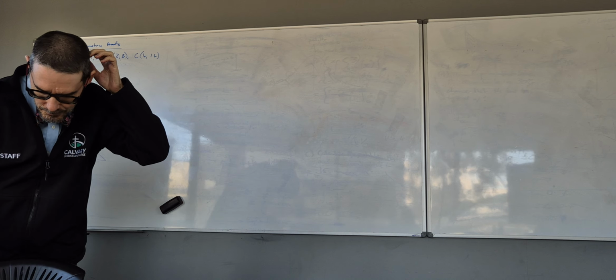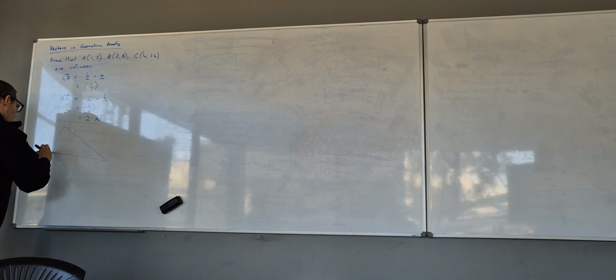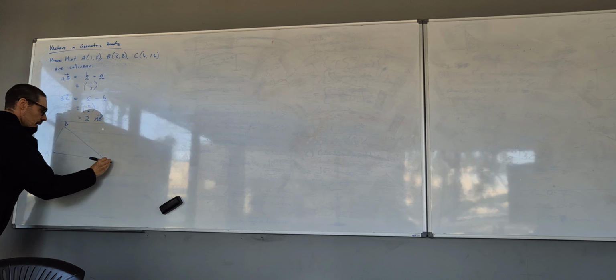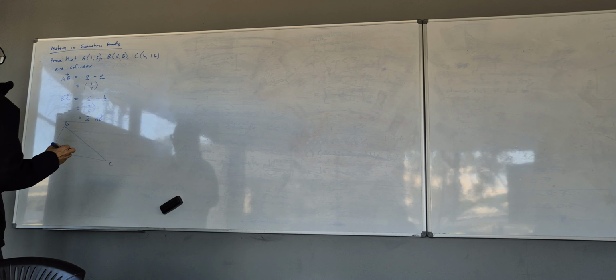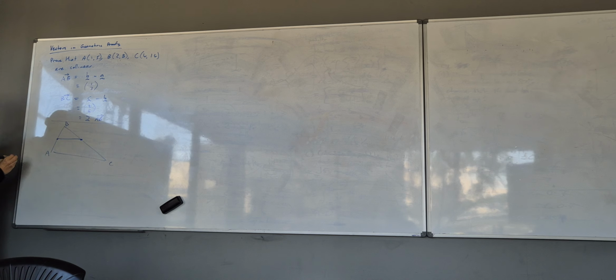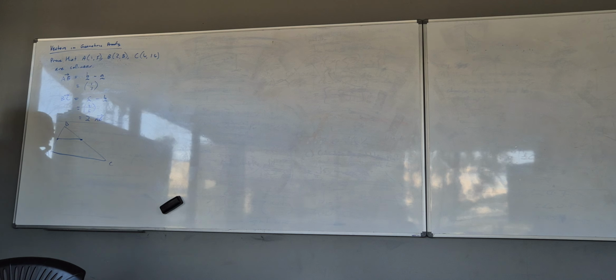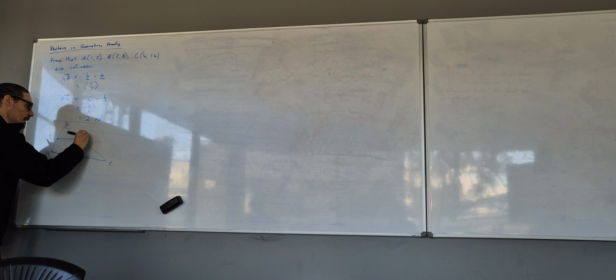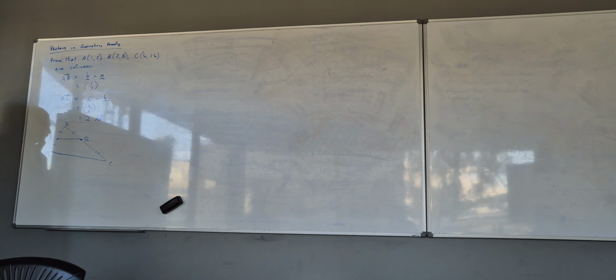So I'm going to go A, B, C. Which way are they going? Okay, A, B, C. And I'm going to get the midpoints of these two sides. Notice I'm deliberately trying to draw it so they don't look too close to parallel. That's actually what I'm going to try and get you to prove. D and E, so this is the midpoint, and that's the midpoint. Do you remember these kinds of markings?